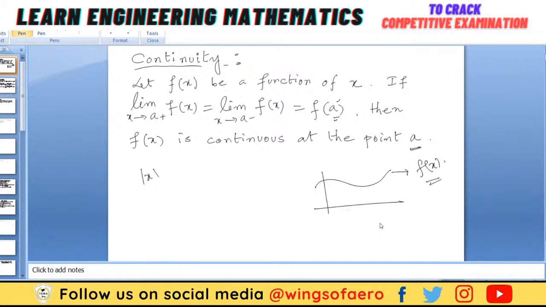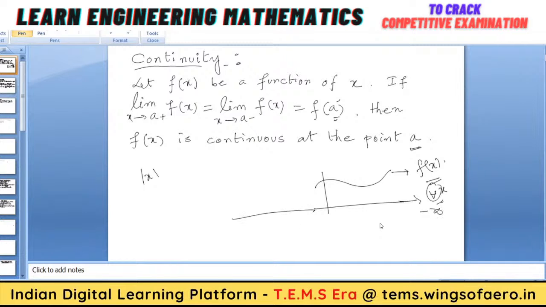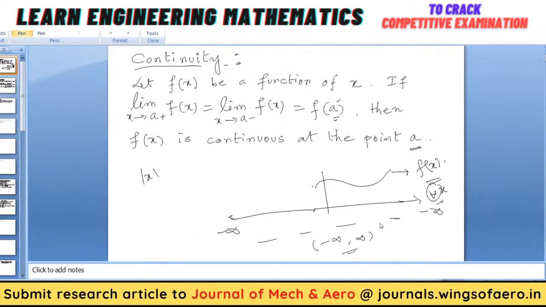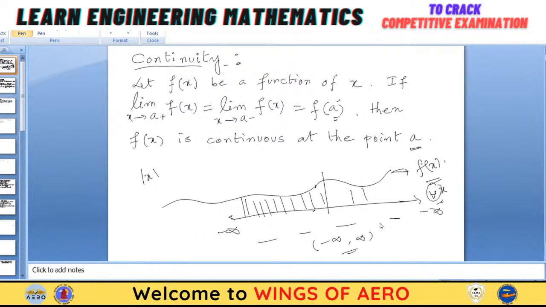If I say this function is continuous for all x, this is the symbol of for all, it means if I extend this region into plus infinity and into minus infinity, that is the total interval minus infinity to plus infinity, then the entire function is continuous at each and every point in this interval. Then this function is called a continuous function.